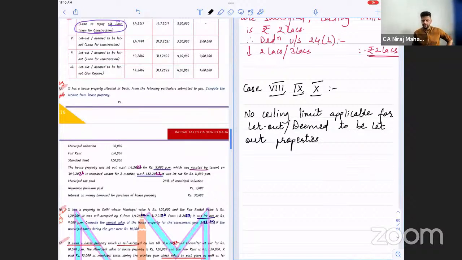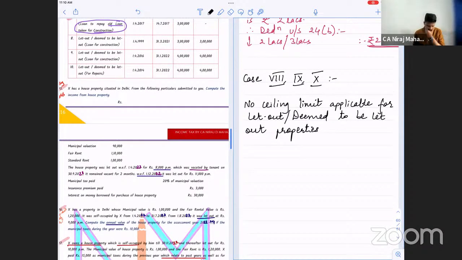Full stop. Therefore, see that the reason for the loan or the purpose of borrowing should be any one of those five: construction, repairs, renewal, reconstruction, acquisition, etc. But here the ceiling limit is not applicable. Deduction under section 24B.